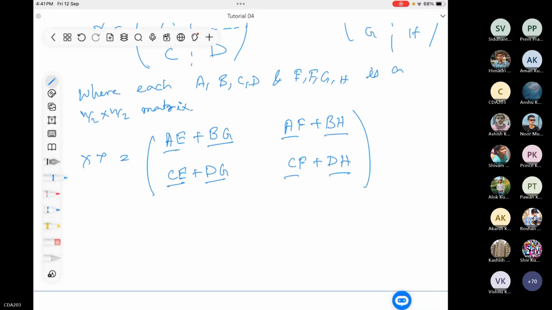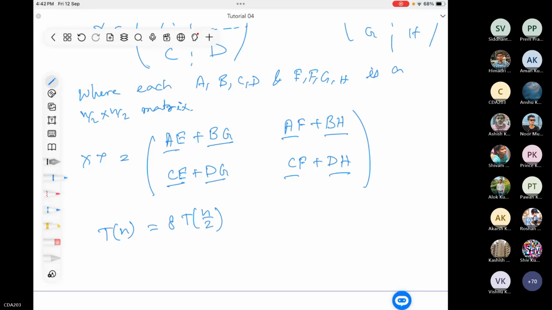So how many multiplications are we doing in this case? There are 8, right? Yes, 8. So recursively, when we compute the running time, it would be 8 of T of n by 2.